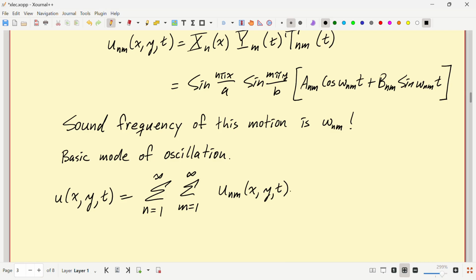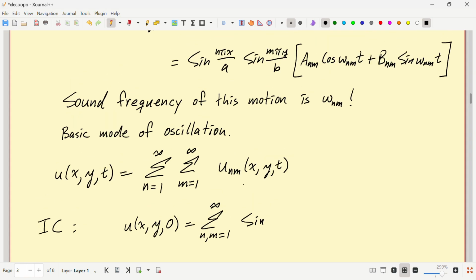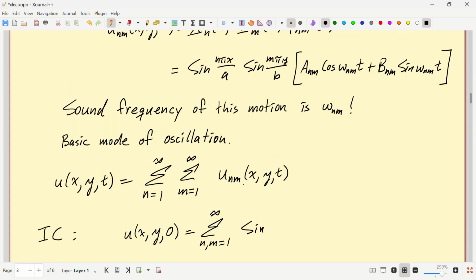And interesting, when you want to solve the initial conditions, the last thing, let's think about the initial conditions. u of x, y, 0 will be a sum as n and m go from 1 to infinity. When I stick in time equals 0, all the sine terms in the t functions are going to be 0, and the cosine terms are going to be 1.